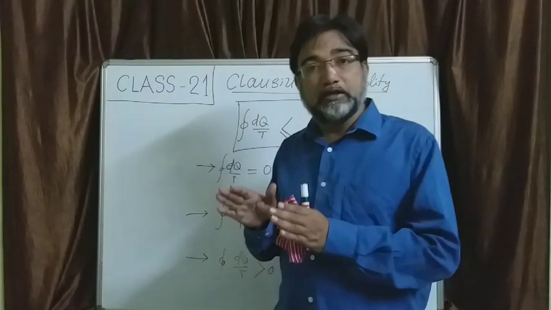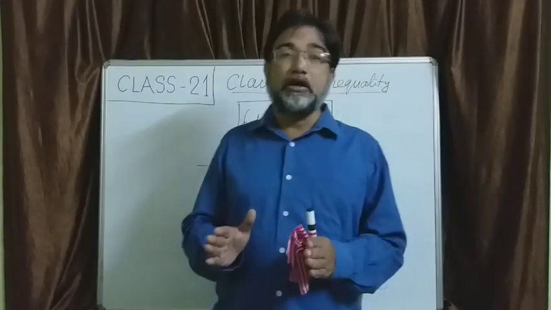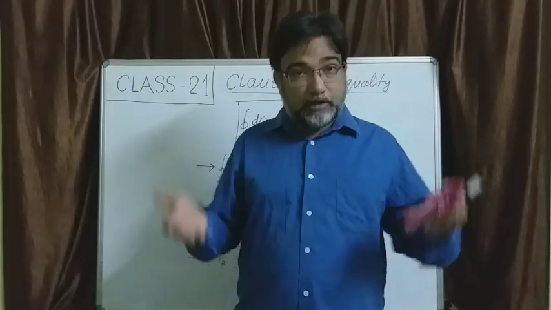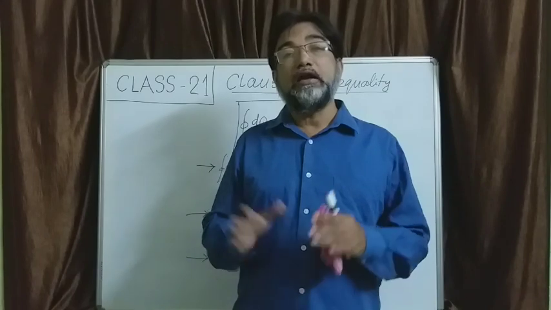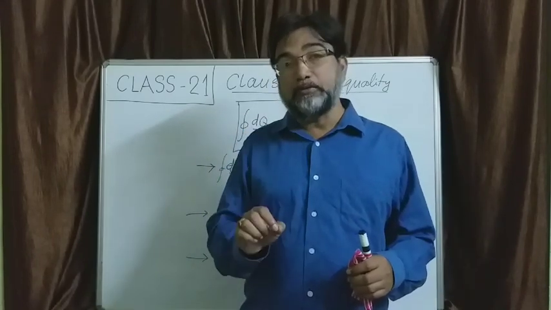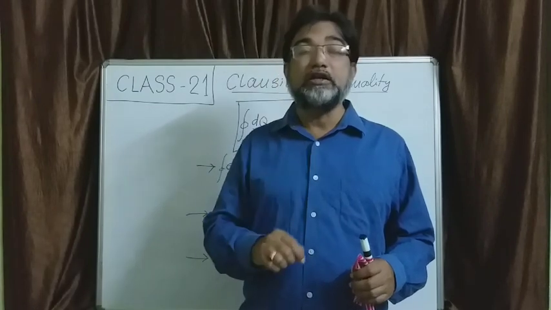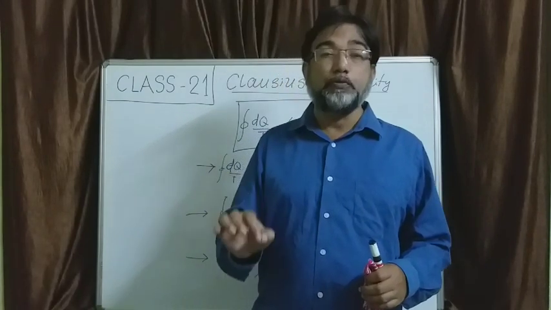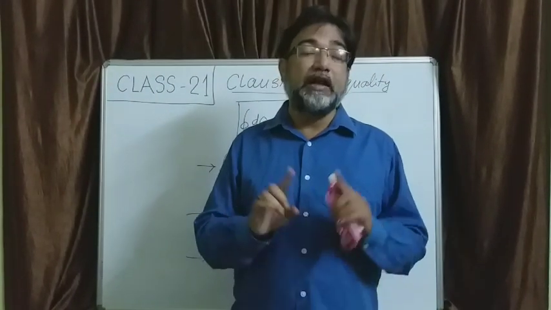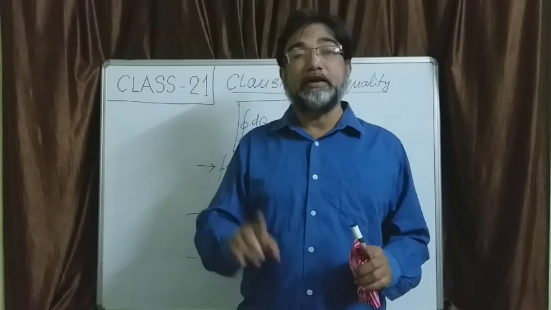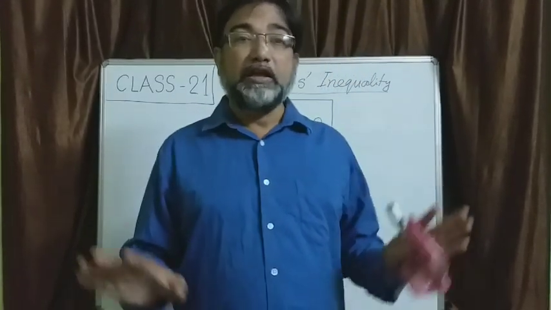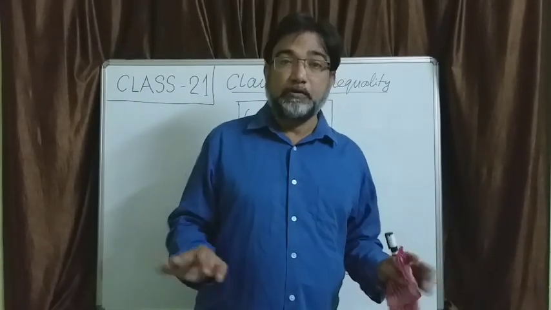For the second part, you have to take the reversible cycle and the irreversible cycle working between the same source and sink, make a comparison and establish that for an irreversible cycle the cyclic integral of dq by t happens to be less than 0. And you can make the general statement that the cyclic integral of dq by t is either less than or equal to 0. That will make the Clausius inequality complete.